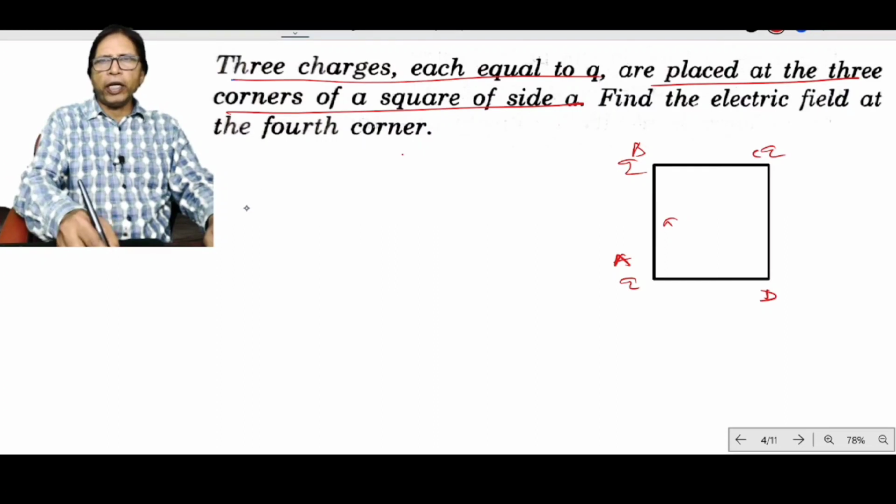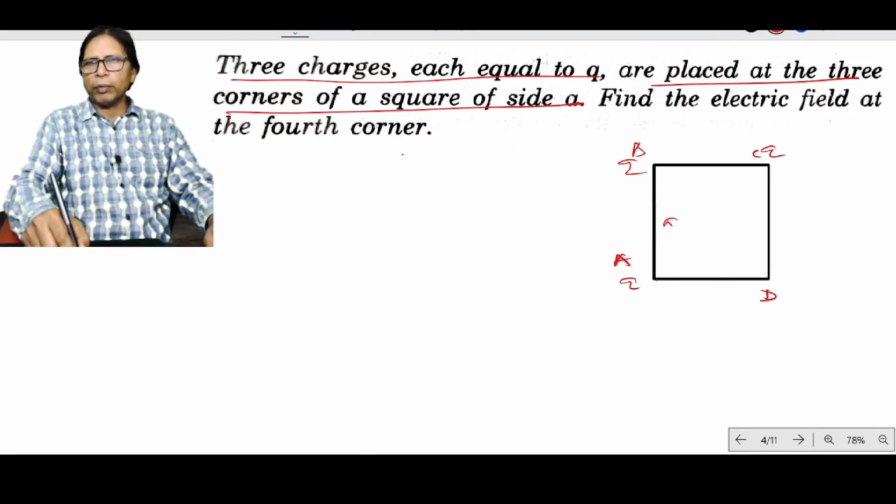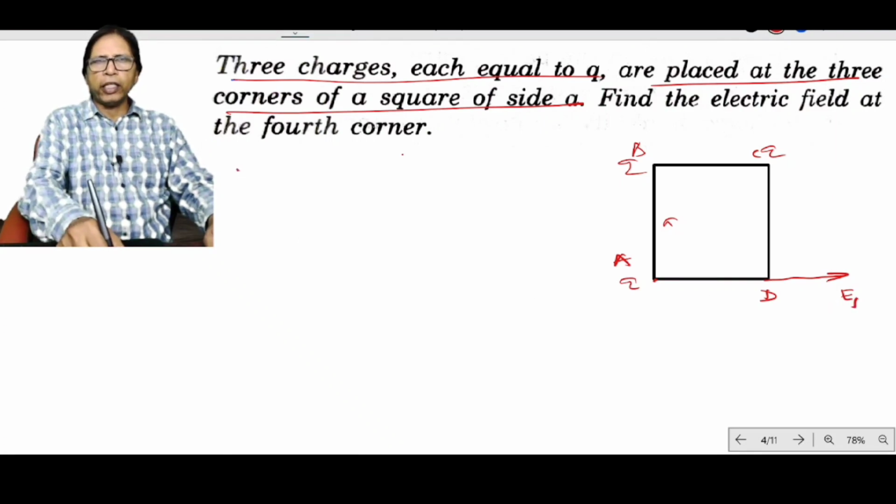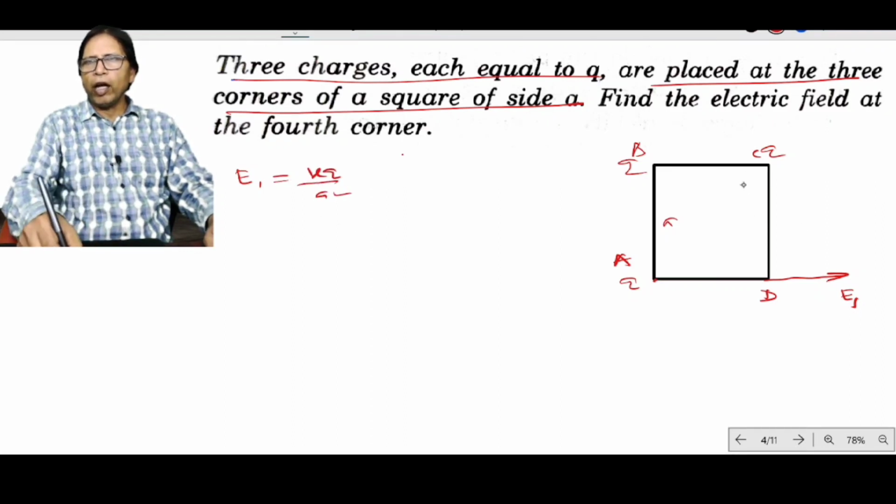So electric field due to this charge at A is kq by A square. Suppose this is E1, directed away. So E1 is equal to kq by A square. Now electric field due to charge q at C is directed also along this direction, and this is also kq by A square.